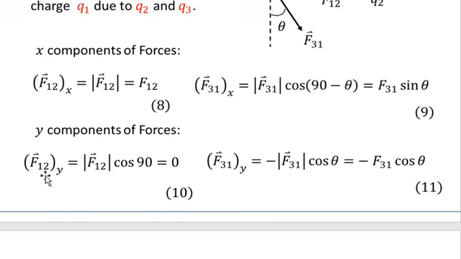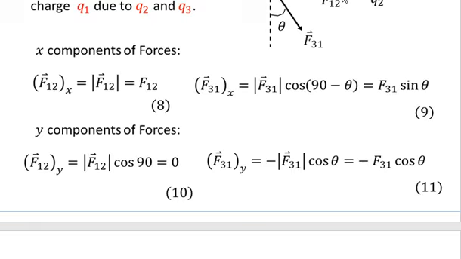For F12, its y component is equal to the magnitude of F12 multiplied by cos of 90 degrees.